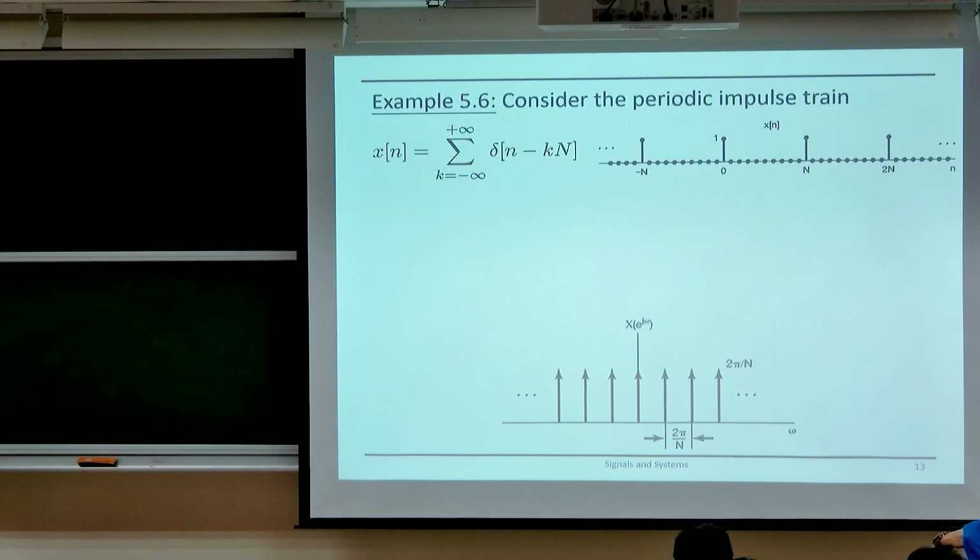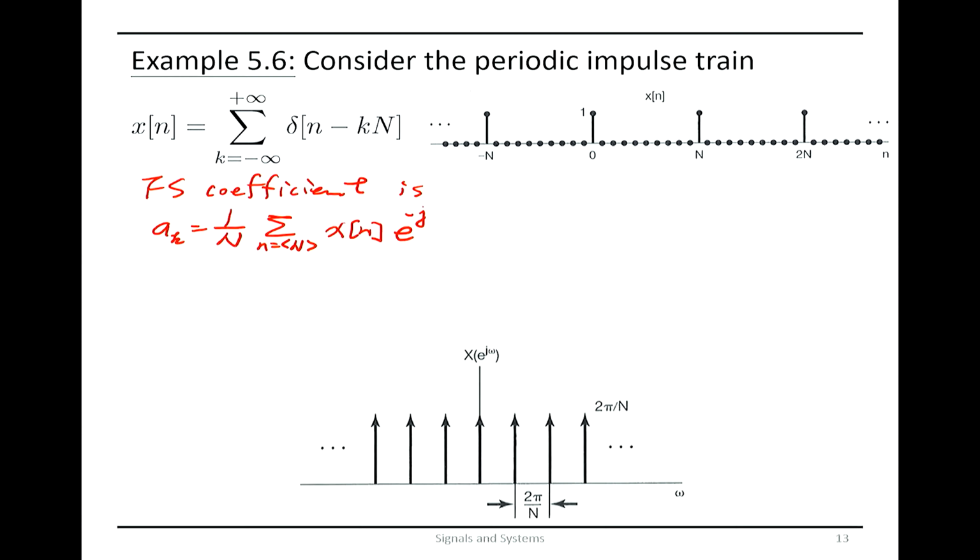So for this signal, we can find the Fourier series representation, and the Fourier series coefficient for this, if you recall, should just be a constant. So the Fourier series coefficient a_k is 1 over N, summation over a period, x[n] e to the minus jk 2 pi over capital N n.